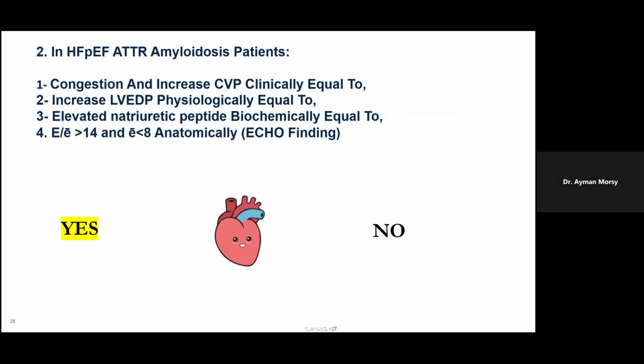And if you see biochemically elevated natriuretic peptide, and if you see by echo, E to A prime more than 14, and the E prime less than 8, this definitely is a patient of heart failure with preserved ejection fraction, most of the time, exactly clinically and physiologically and biochemically and anatomically like that. So if you see this profile of patient, think of cardiac amyloid.